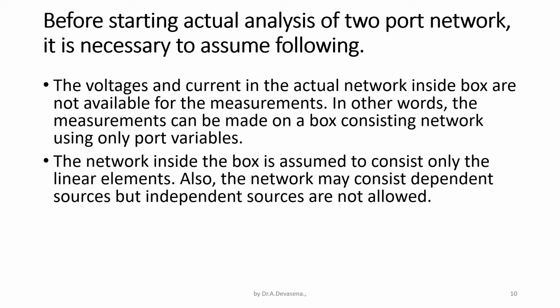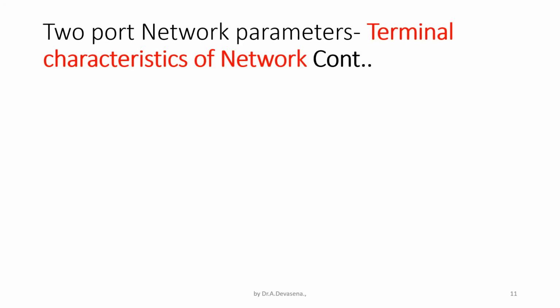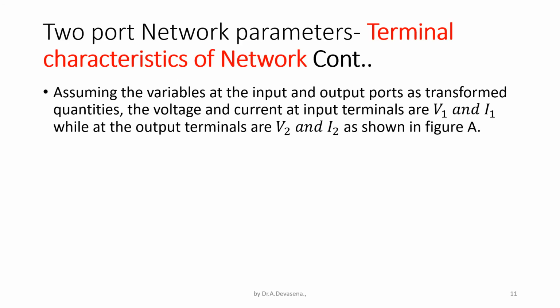Also, the network may consist of dependent sources, but independent sources are not allowed. If the network consists of energy storing elements such as inductors and capacitors, then the initial conditions on them are assumed to be 0. We assume the variables at the input and output ports as transformed quantities.